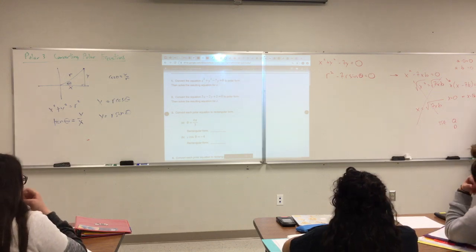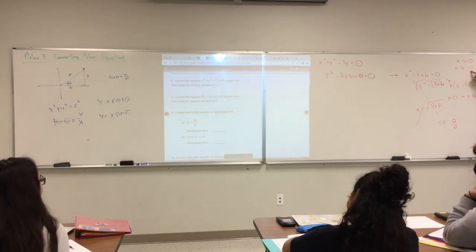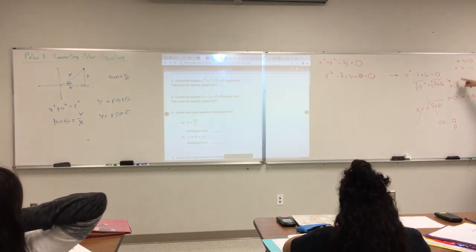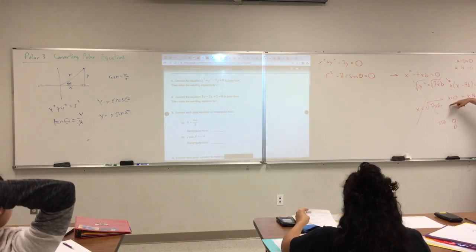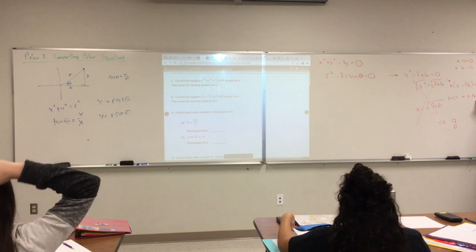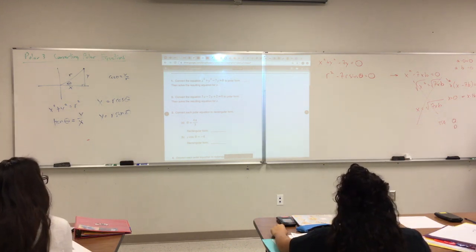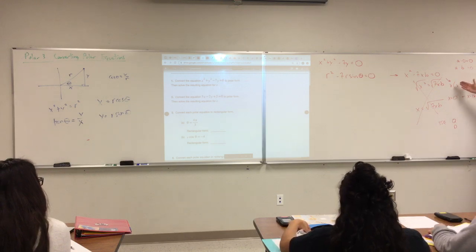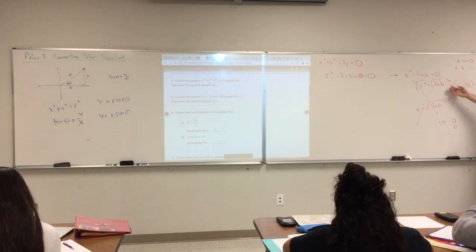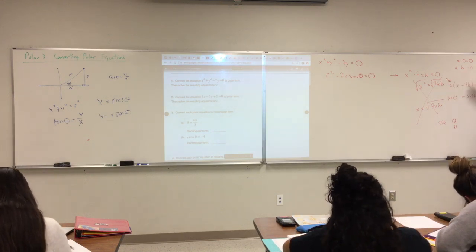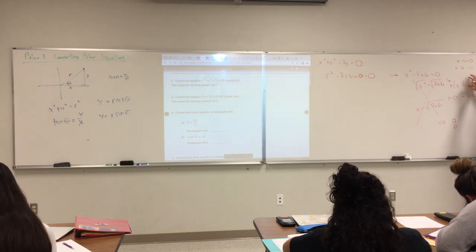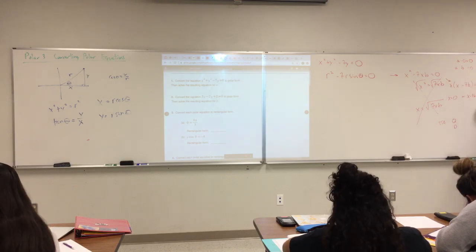Okay? So, I've got 2 things that multiply to equal 0. Either this one is 0, or that one is 0. Does that make a little more sense now? I don't know if the riddle helped. But anyway, we would say either x is 0, in which case 0 times this equals 0, or that is equal to 0, because then we'd have 0 times the other thing would be 0.